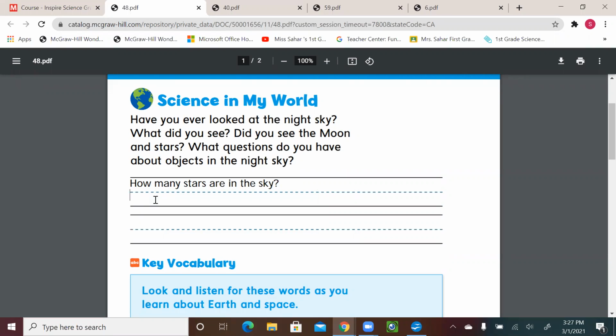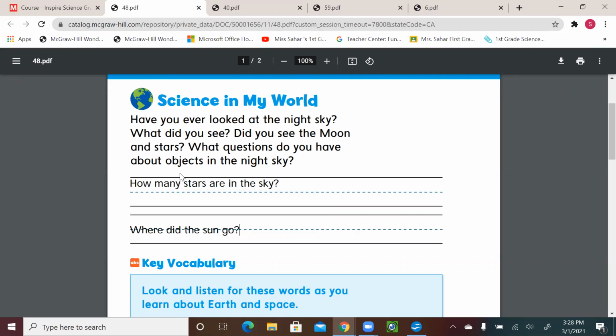Or you can ask why we cannot see the sun, or where did the sun go? We can also ask, are the same stars in the sky each night?